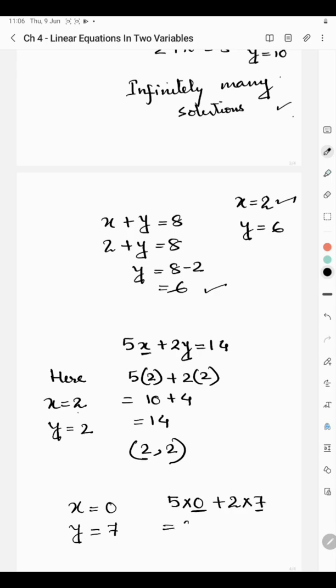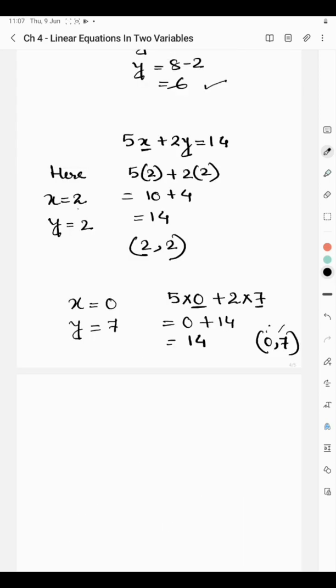So 5 into 0 is 0, 7 into 2 is 14, so 14 plus 0 is 14. So here the solution is x is 0 and y is 7, so it will be 0, 7. It cannot be 7, 0 because we write the value of x first and then the value of y.